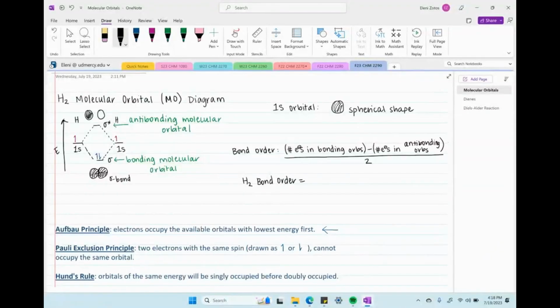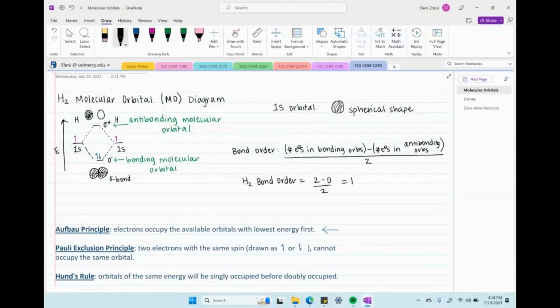So the dihydrogen molecule bond order is number of electrons in bonding orbs, or orbitals, which is 2, minus the number of electrons in antibonding orbitals. We have 0 electrons in the sigma star orbital, and then we divide that by 2. So this gives us a bond order of 1.